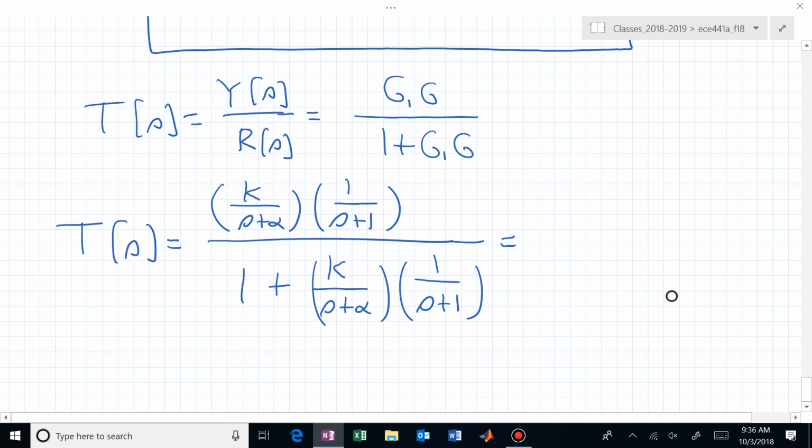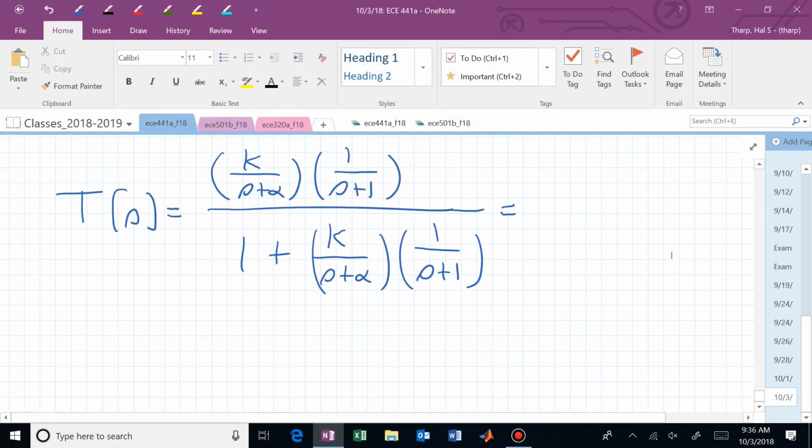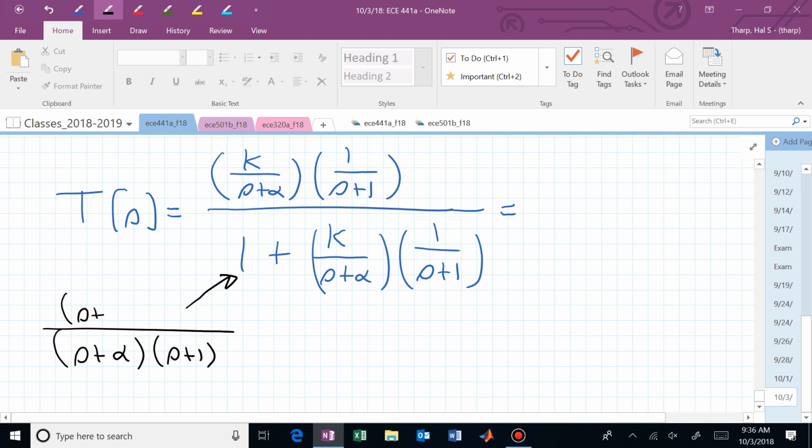But one strategy that is typically helpful is to say, you know what, I can rewrite 1 as, how would I want to rewrite 1 in this case? I'm really just trying to get a common denominator. The denominator right now in both the numerator and the denominator is that, so why don't I just write 1 as the ratio of that denominator to itself.